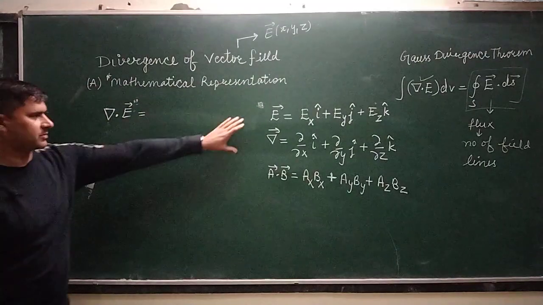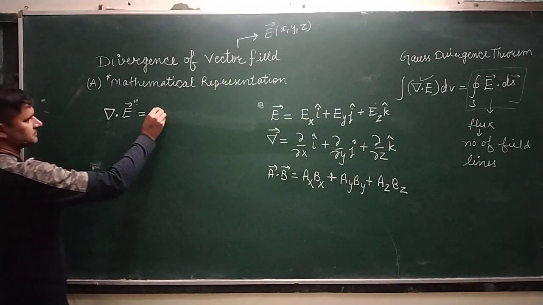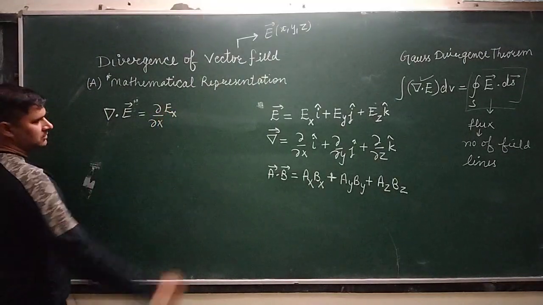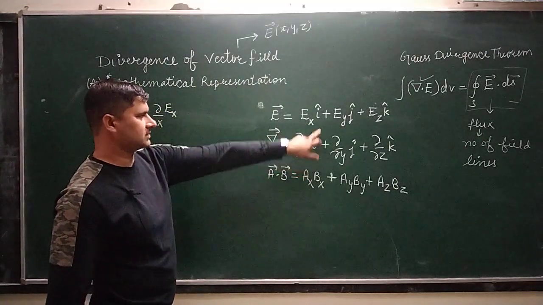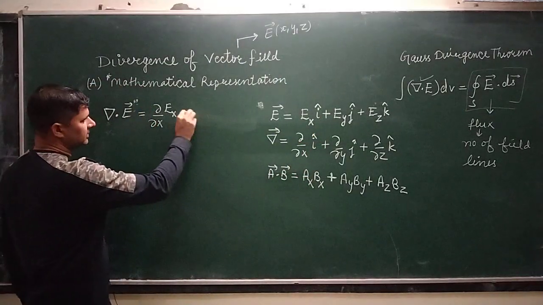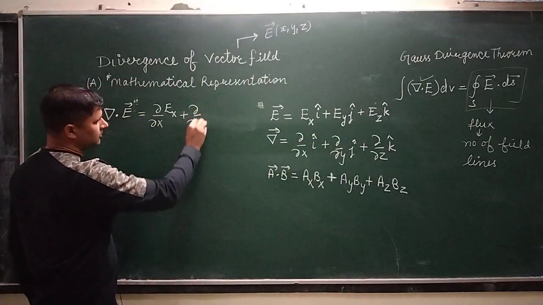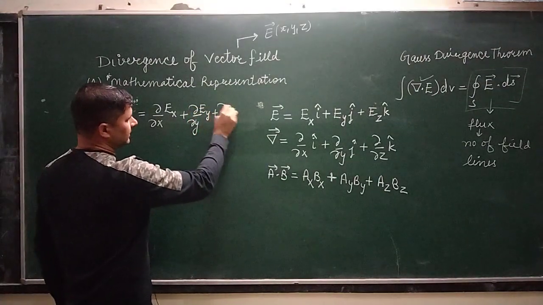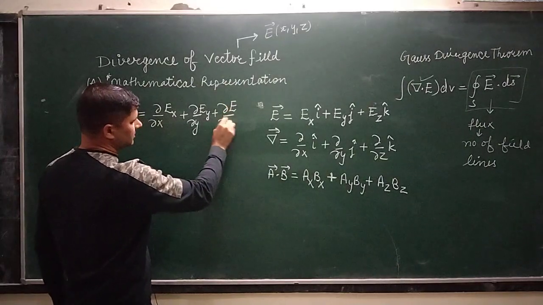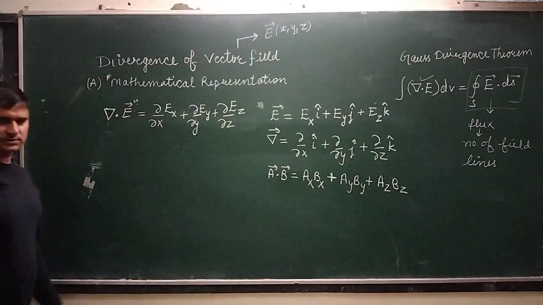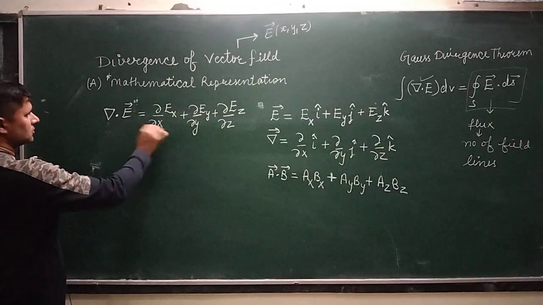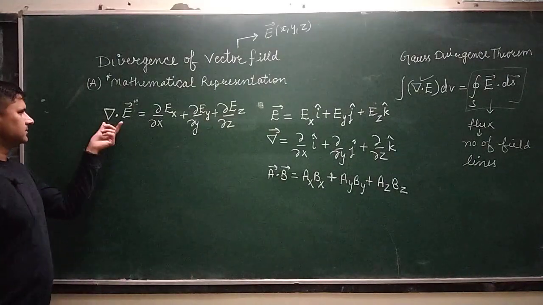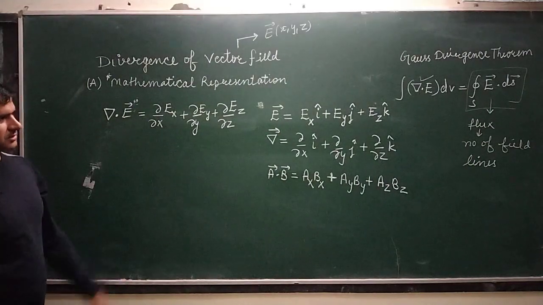So if you simplify this, then you will get curly by curly x of the component along i direction, that is Ex, plus curly by curly y of the y component of electric field, and then curly by curly z of the z component of electric field. So this is how you can mathematically represent the divergence of a vector field.